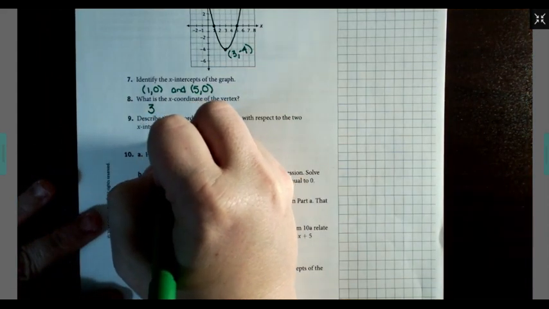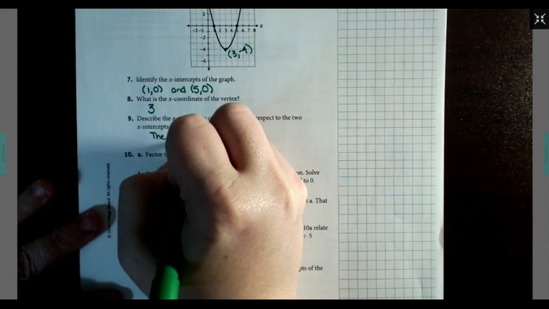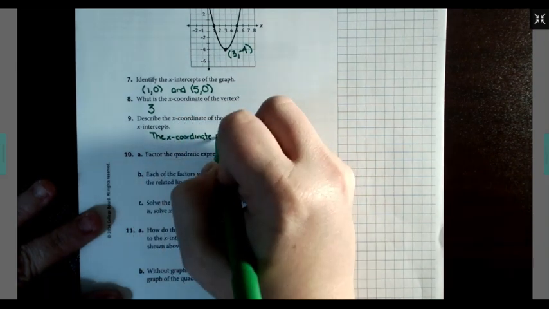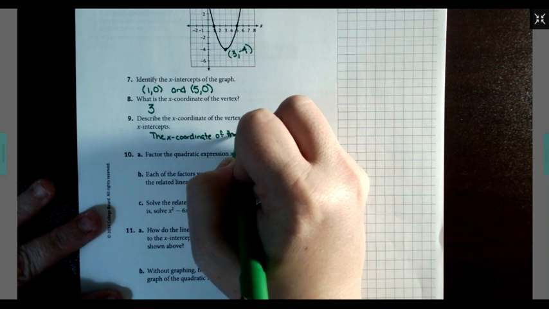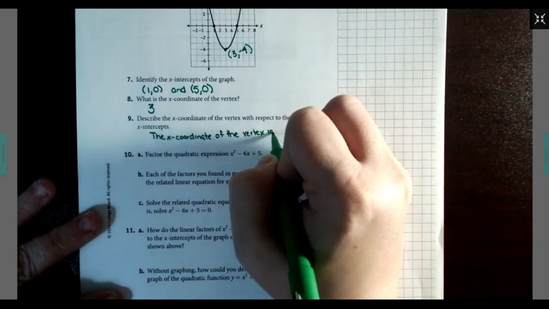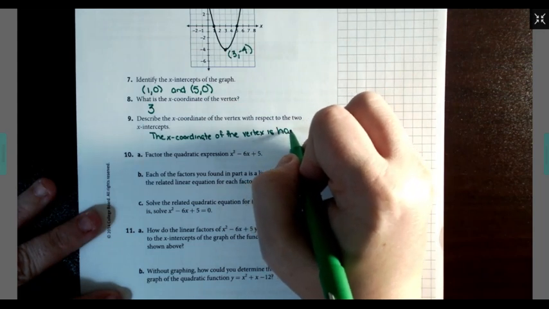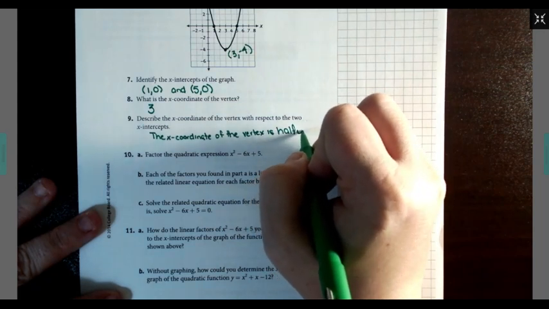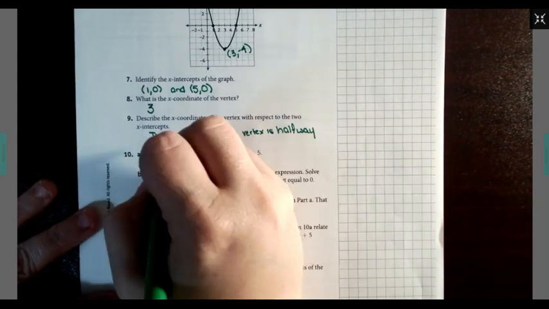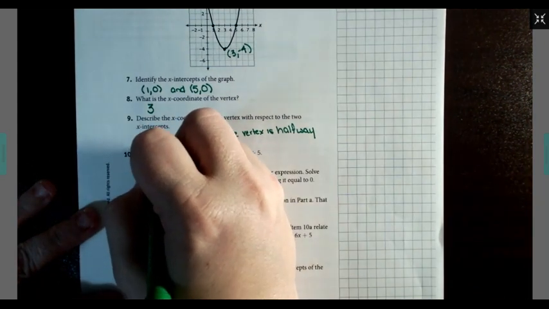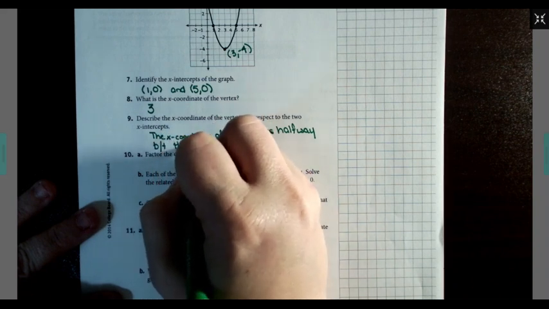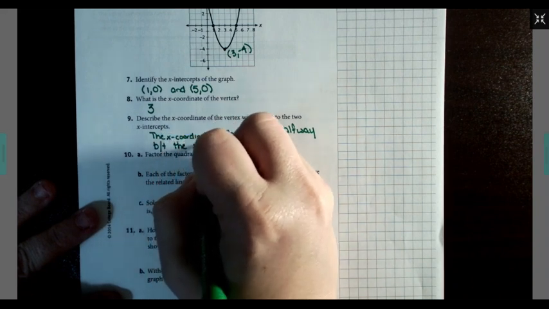So the x-coordinate of the vertex is halfway between the x-intercepts.